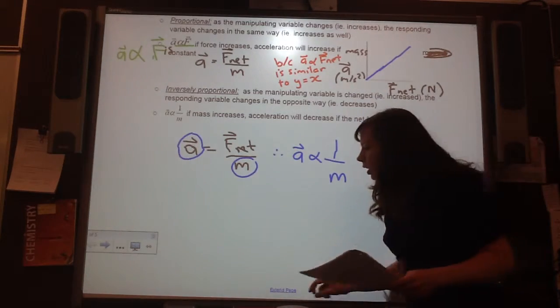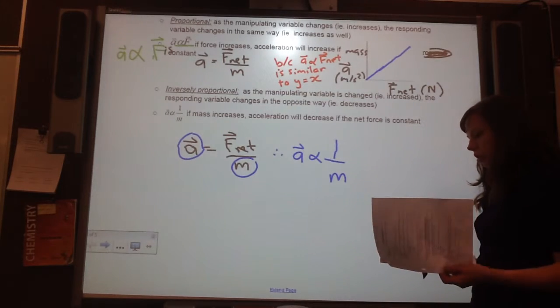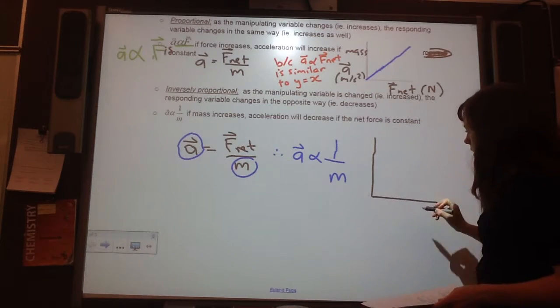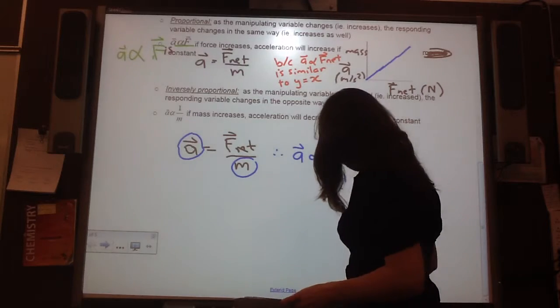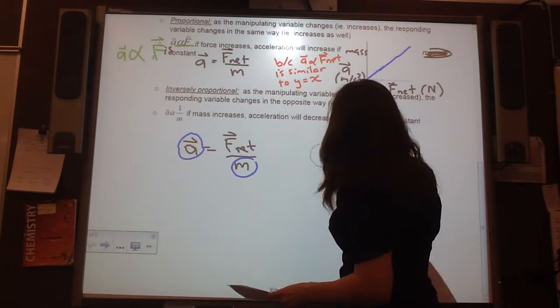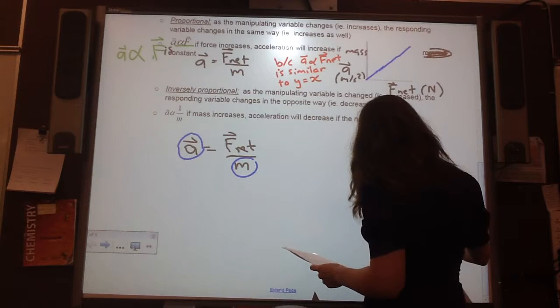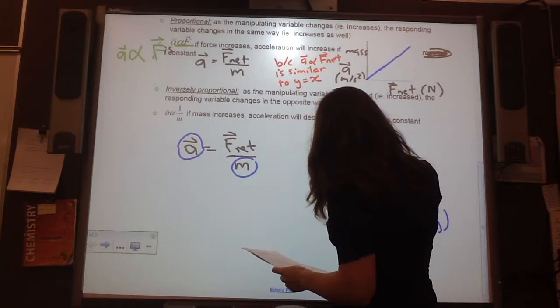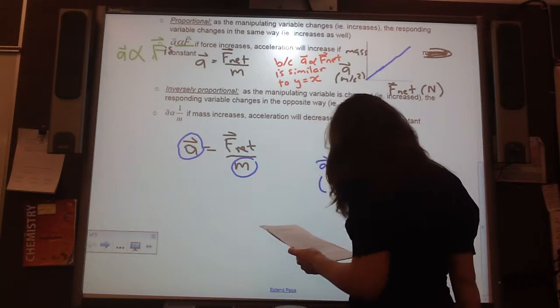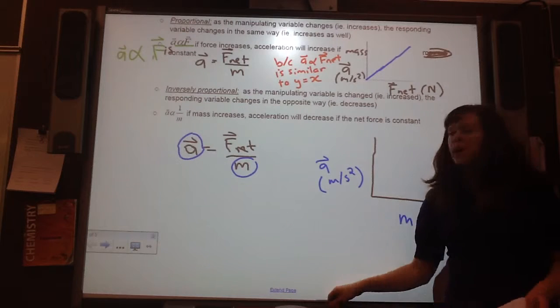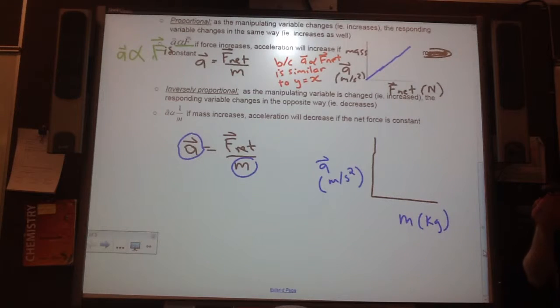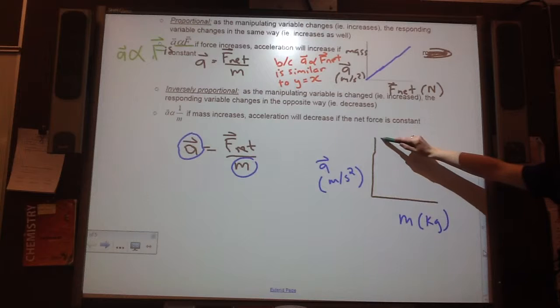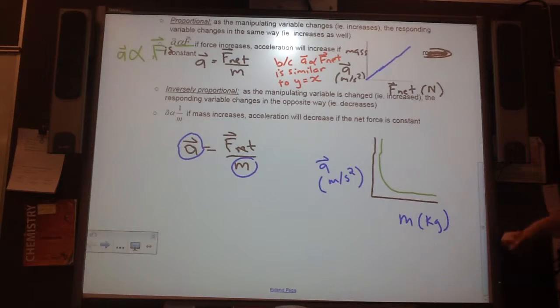So a graph that looks inversely proportional will look like this. If you put your mass here in kilograms and your A in meters per second squared, they won't be linear, okay? An inversely proportional graph looks like that.